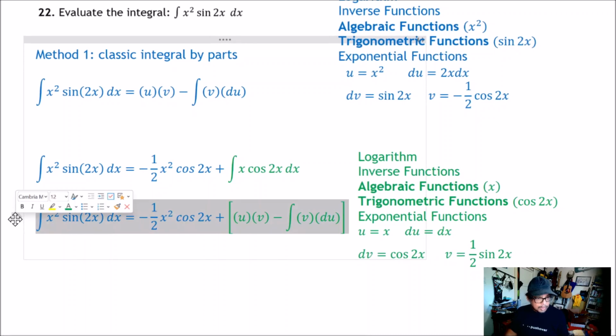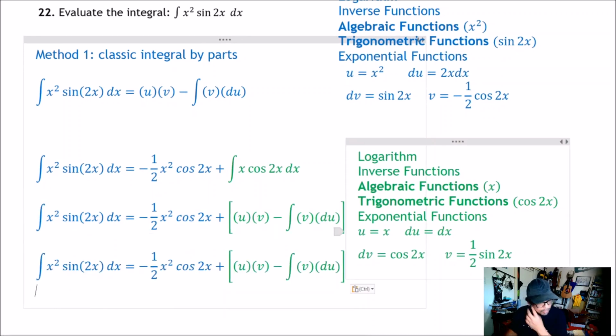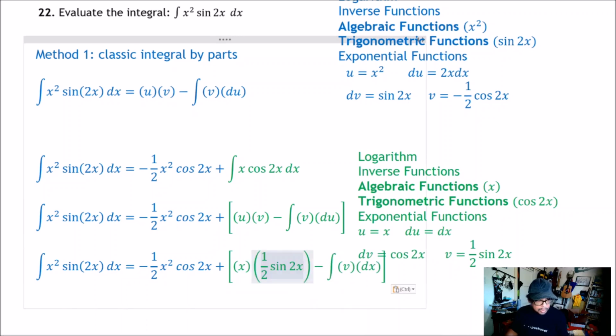Right. Take that and let's put everything in here. We know our u is the same thing as x, and my du is the same thing as dx, and my v is the same thing as 1/2 sine of 2x. Let's change this v into 1/2 sine 2x. Change this v into 1/2 sine 2x.